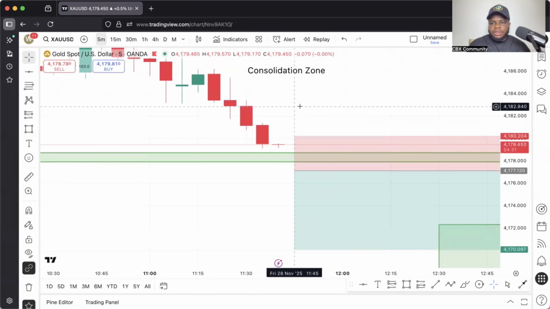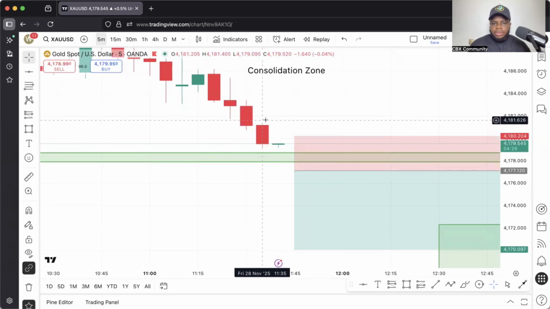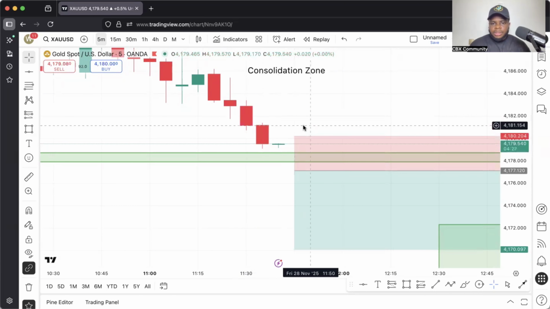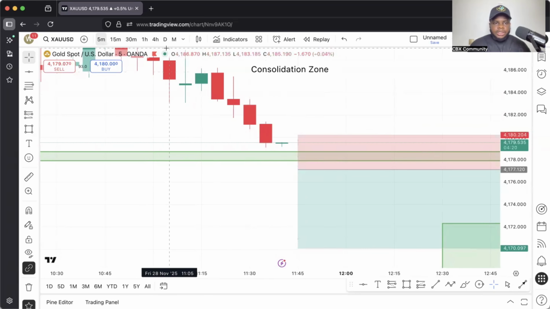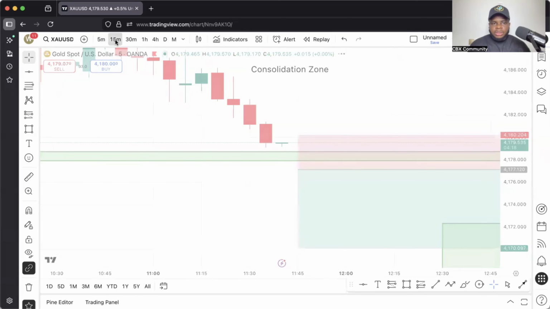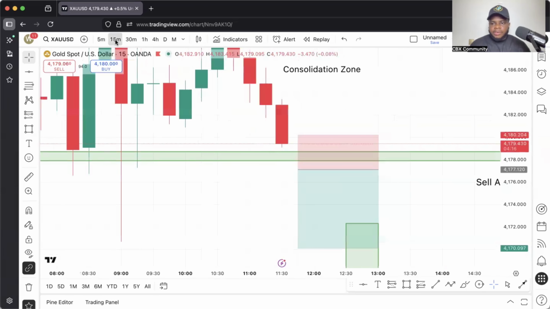So let's be patient. This 5-minute candle is about to break the low of this candle, and it's left with 4 minutes to close, and like 4 minutes for the 15-minute candle to close.